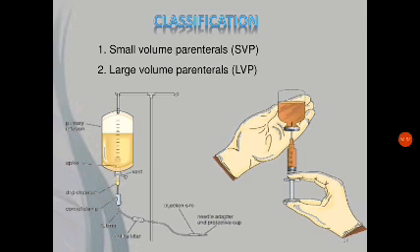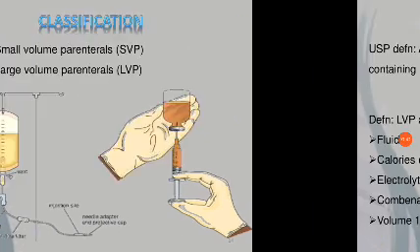Then you have two types of parenteral preparations, that is SVP, small volume parenterals, and large volume parenterals. Those which are given in bulk exceeding 100 ml are called large volume, and injections given through ampules, vials, or less than 30 ml or 100 ml are called small volume parenterals.